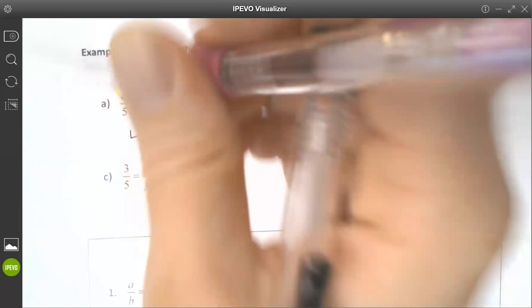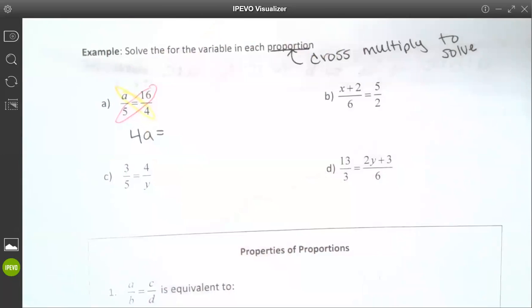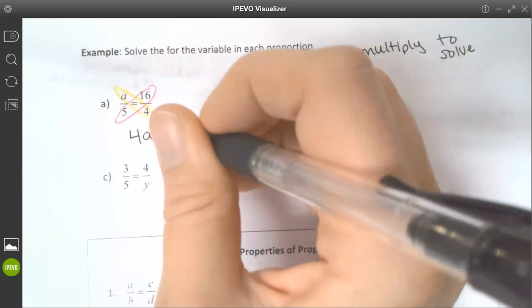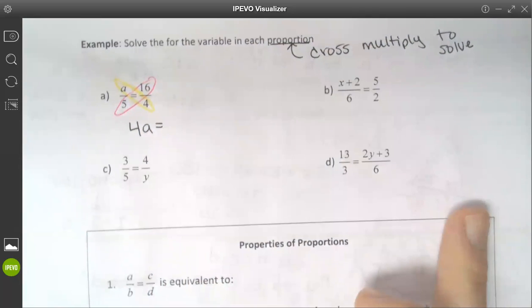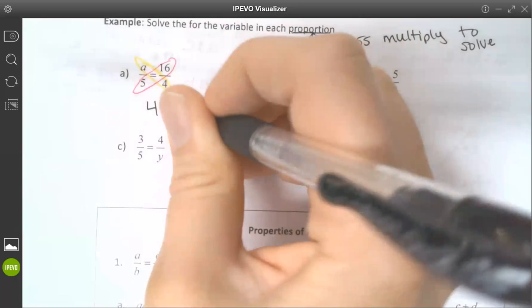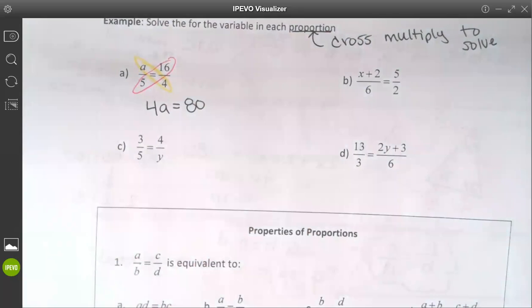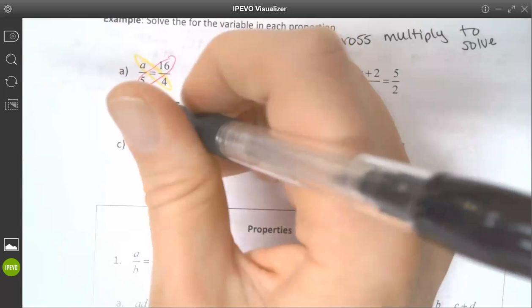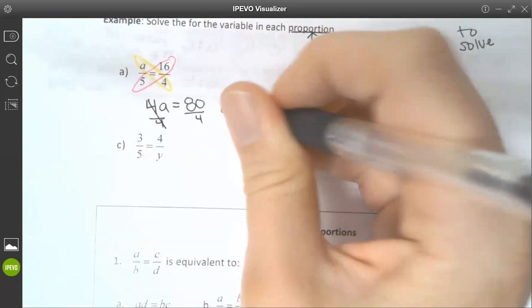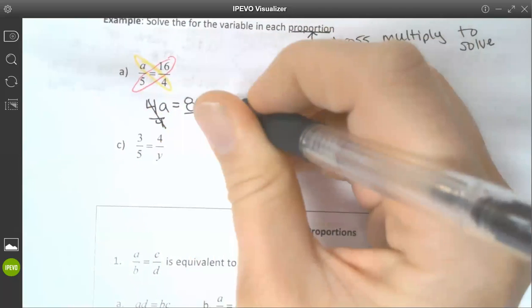And then I have my means, 16 times 5, which would give me 80. Because I've set 4 times A equal to 5 times 16, which is what cross multiplication allows us to do, now we just have an algebra equation, and I can divide by 4 and get A equals 20.